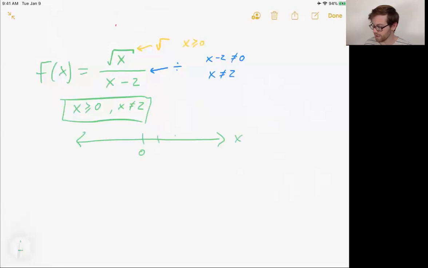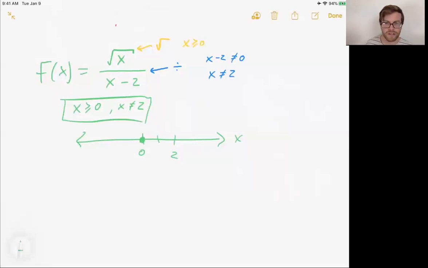This is x equals 1, x equals 2. So for us, we can say, well, can it be 0? Yeah, it can be exactly 0. That doesn't make any of our two operators have a problem, right? I could take the square root of 0, and I can say, what is 0 divided by 0 minus 2? 0 divided by negative 2 is 0, so it's all good. So 0 is no problem at all.